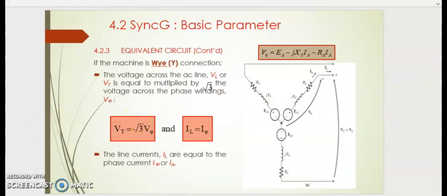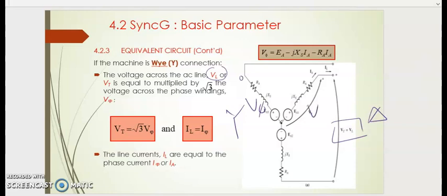First, if we connect the machine in Y, so Y connection, another one is delta. The voltage across the AC line, V line to line of the terminal, is equal to root 3 multiplied by the phase voltage. So V terminal is equal to root 3 of V phase. V phase is per phase, so this is one phase.